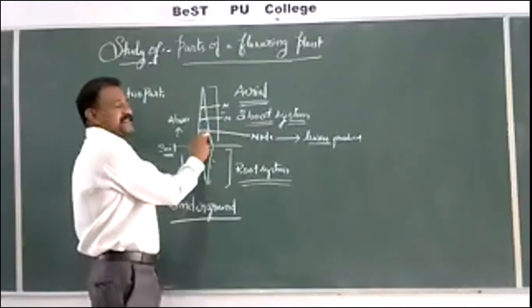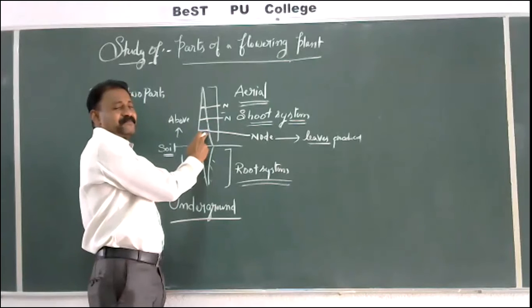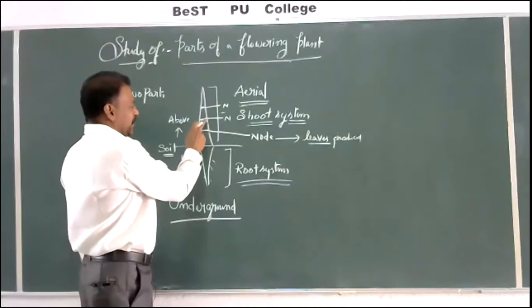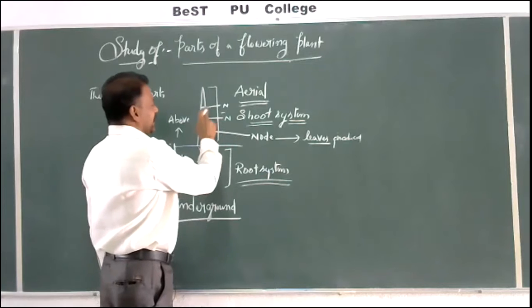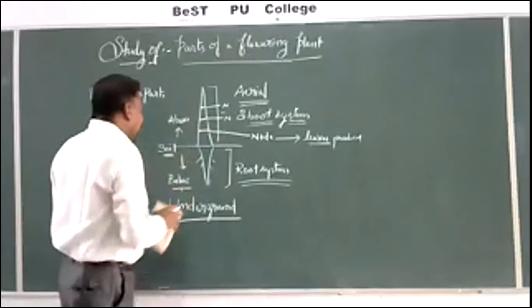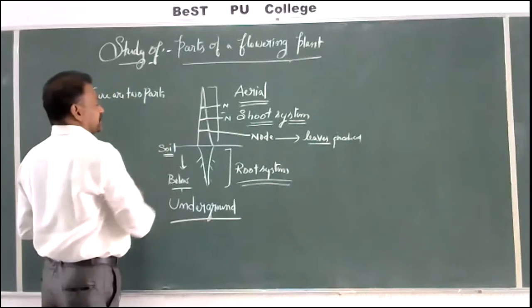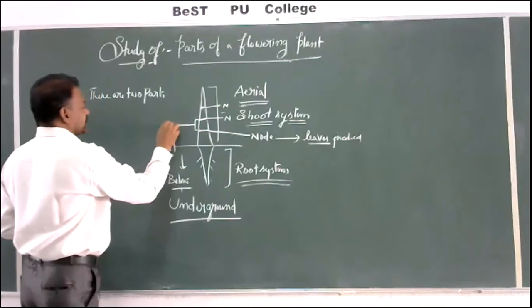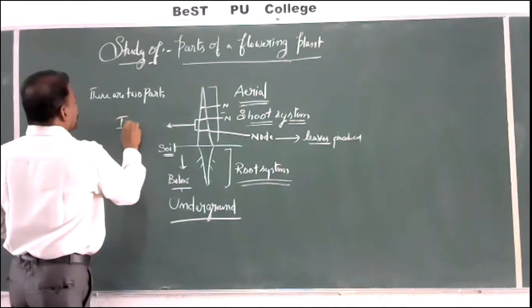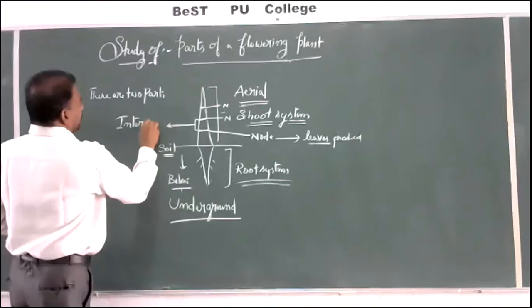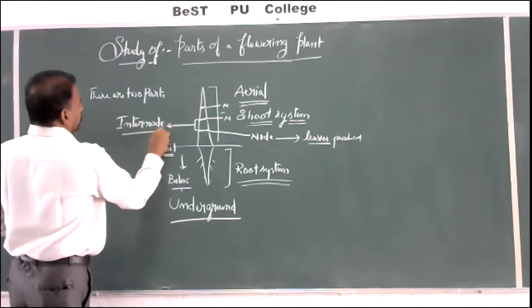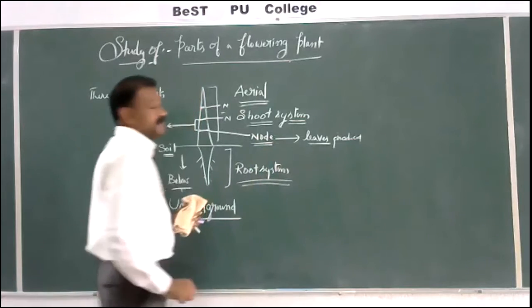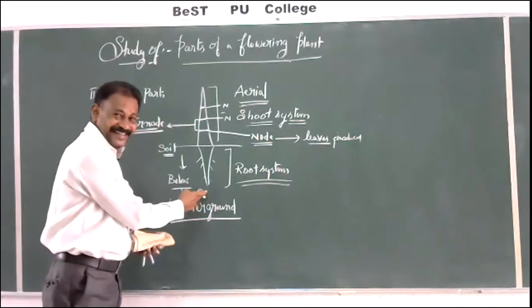Or from this place, branches can be formed. Another node, leaves can be formed. So in between every two nodes, there is a region. This is called internode.